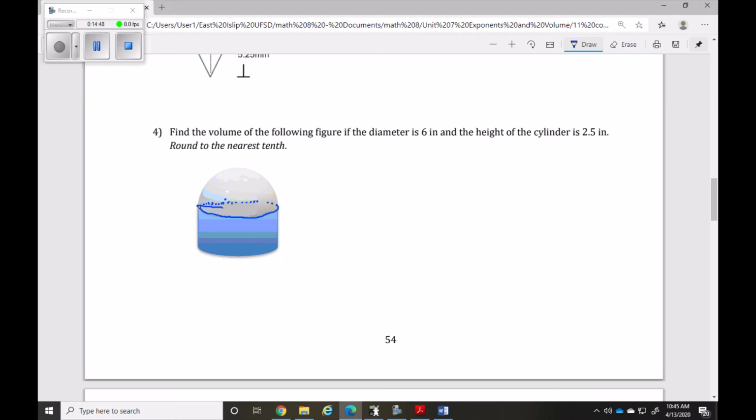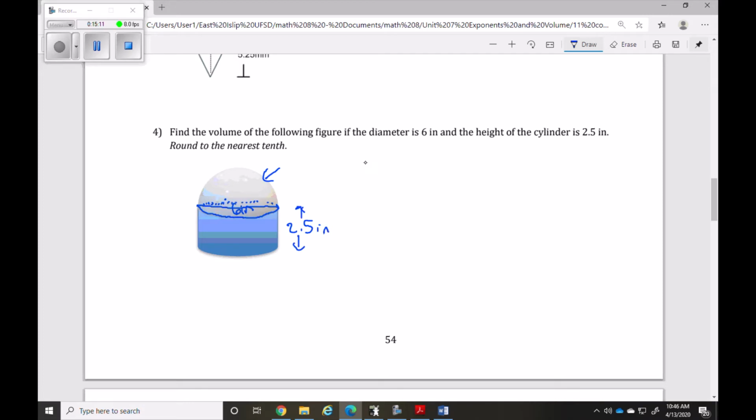So the diameter going all the way across is 6 inches. This top piece is half of a sphere. Half a sphere we call a hemisphere, but it's sharing that same diameter. And the height of the cylinder is 2.5 inches.